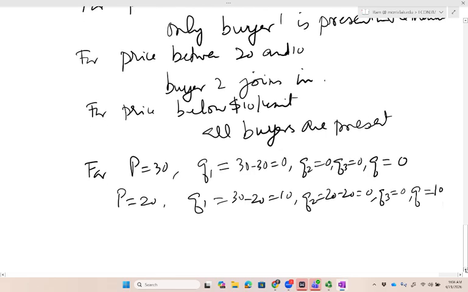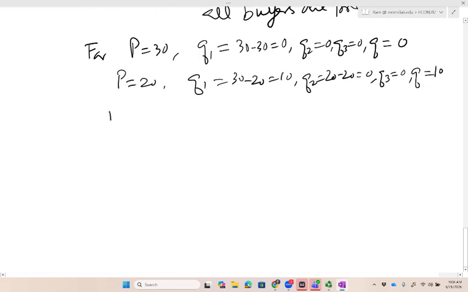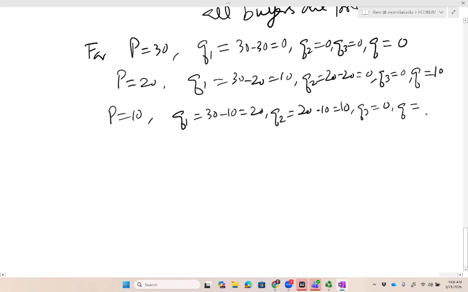Now let's go down to price equal to 10. Buyer 1 buys 30 minus 10, 20 units. Buyer 2 buys 20 minus 10, 10 units. But buyer 3 is not there. So the aggregate quantity, 20 plus 10, 30 plus 0 is 30. Now let's go to price being close to 0, not exactly 0.